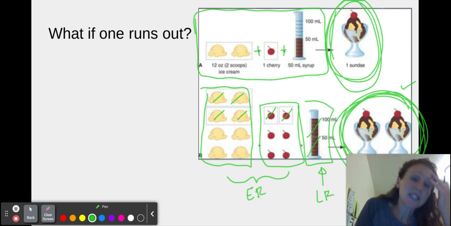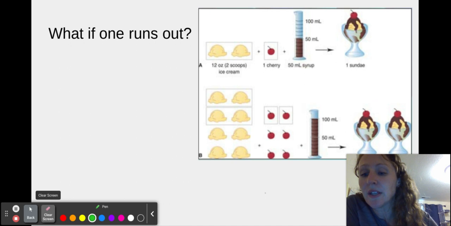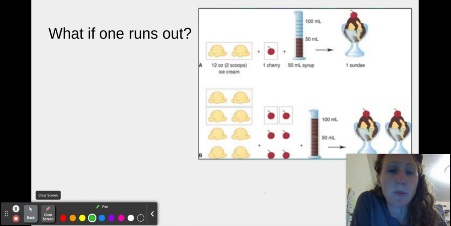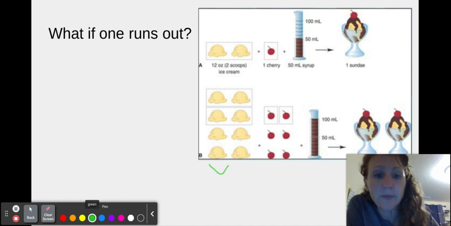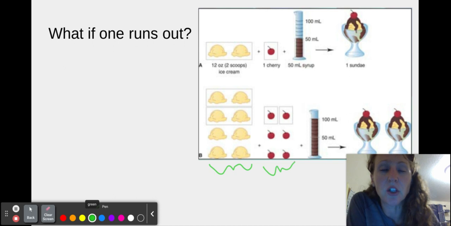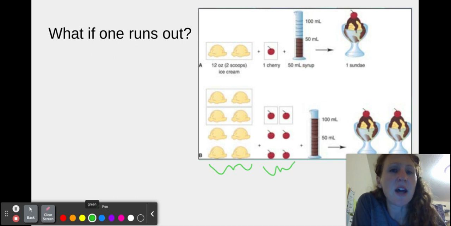So before we transition fully into chemistry, I want to revisit this picture just one more time and ask you a question. When we are trying to figure out how much we're going to use of things, and the ice cream and the cherries are a really good example, what unit are we talking in? This might even be a good place to pause and see if you can come up with that answer.